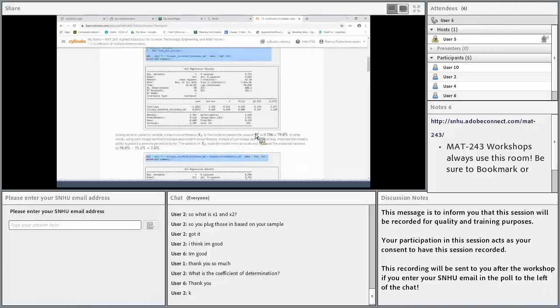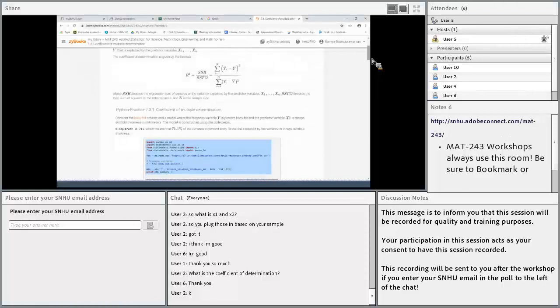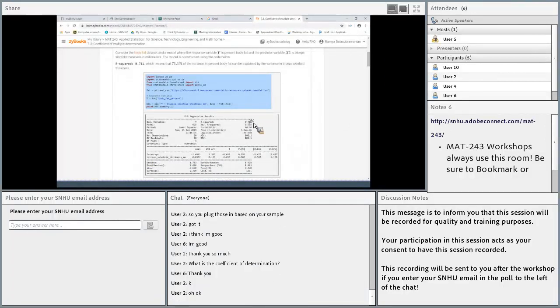So here last week we did the coefficient of multiple determination. Here again, what we were doing was trying to see the value of r squared, and the r squared is telling you how useful my predictor variables are in giving me the value of y. For the first one, when we took just the x1 values, just the triceps skin fold thickness values, we got an r square of 0.711.